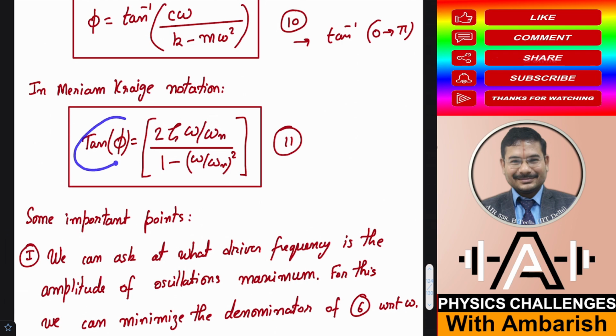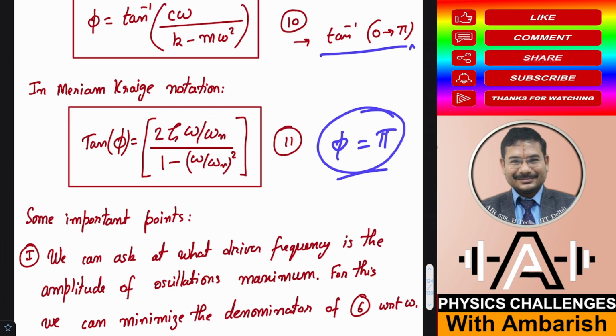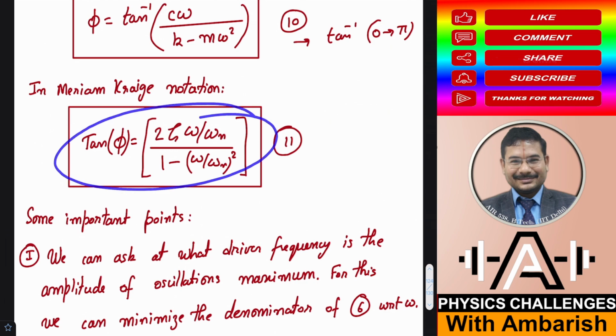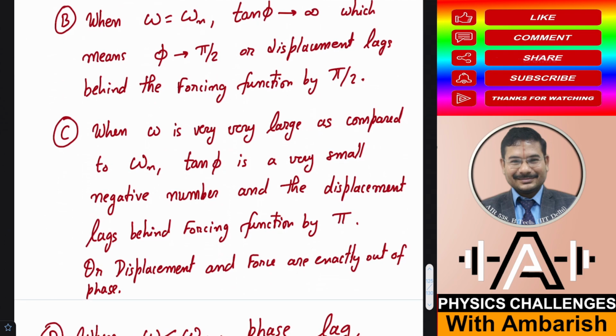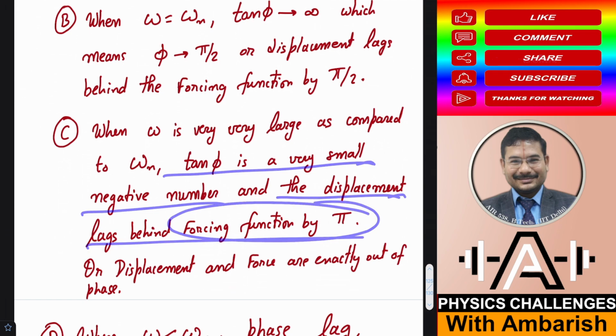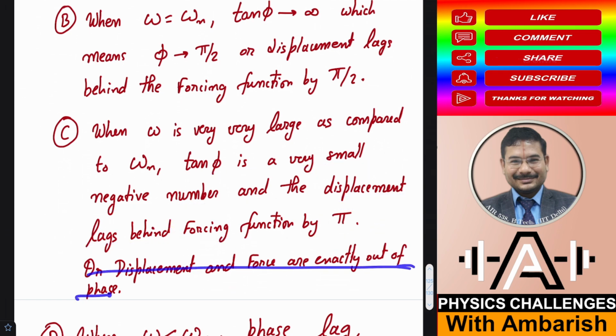So tan phi is a very small negative number, means what? Phi is pi, if we consider the principal range. Okay, so if the driving frequency is very large, then the force and the displacement are exactly out of phase. So that's what I've written. Tan phi is a very small negative number, and the displacement lags behind the forcing function by pi, or we can say displacement and force are exactly out of phase.